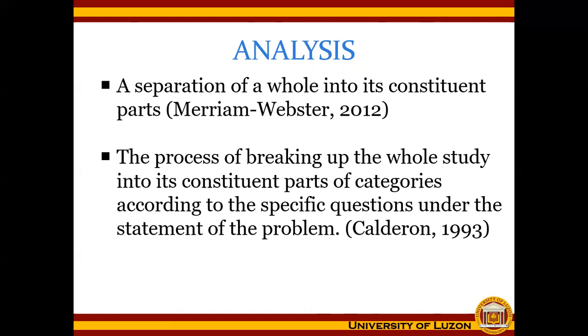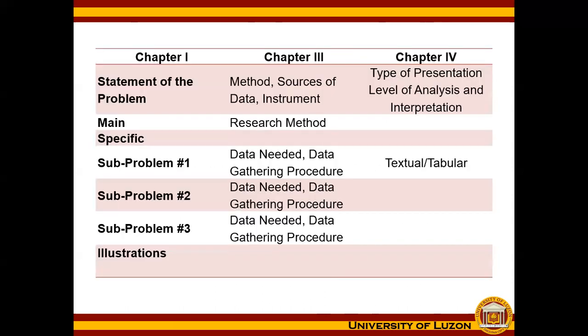So, how is analysis done? Analysis done based on Calderon's statement is with reference to the statement of the problem. Okay, so we take a look at this analysis, or this matrix, in order for us to give a better picture of how chapter 4 is to be presented.